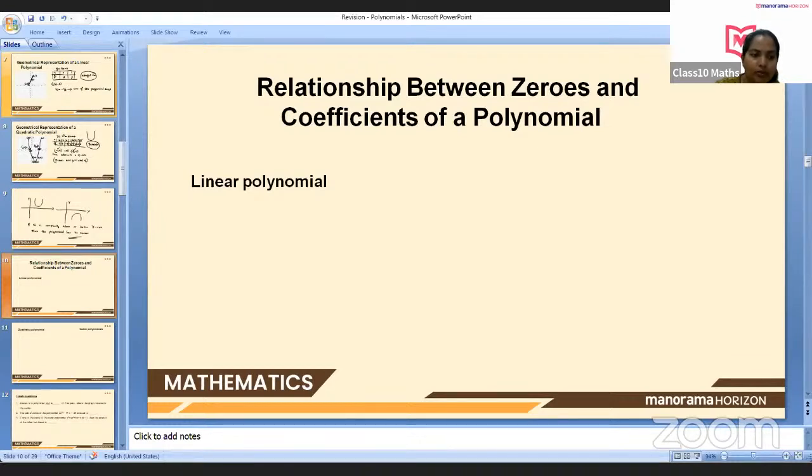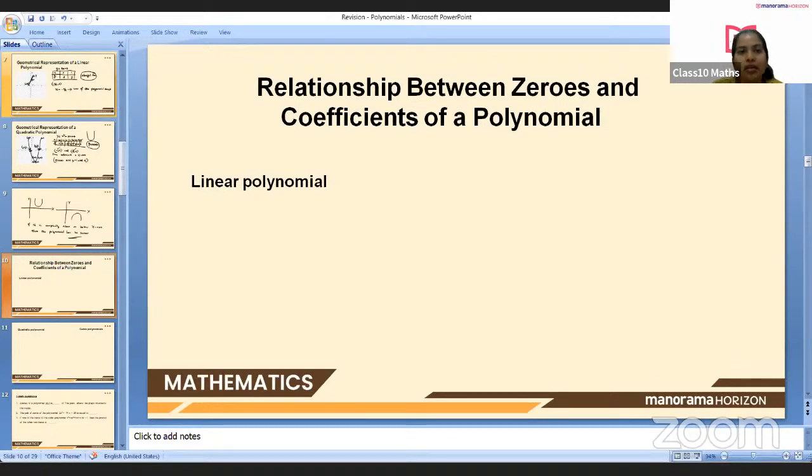I will explain once more the graphical representation of a linear polynomial. Here we take a linear polynomial y equal to 2x plus 3.